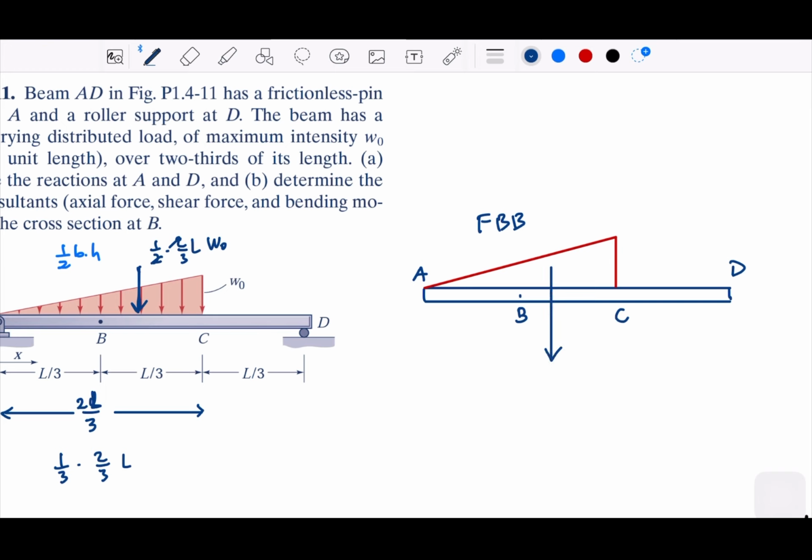And the resultant is here, which is V0L/3, right? Here from this part. And then we mention all the lengths here. This will be L/3, right?